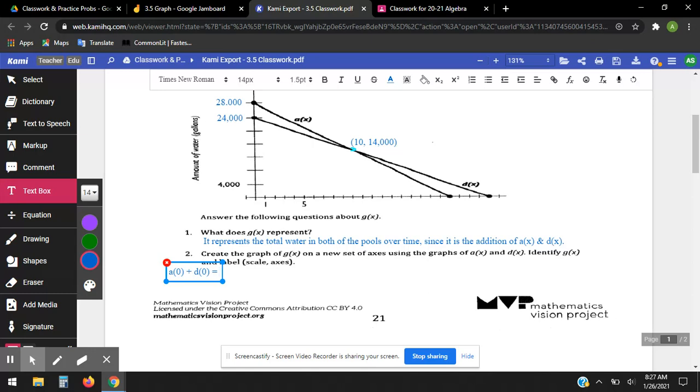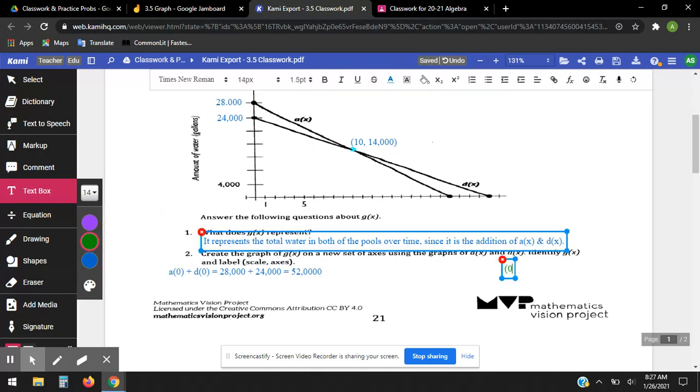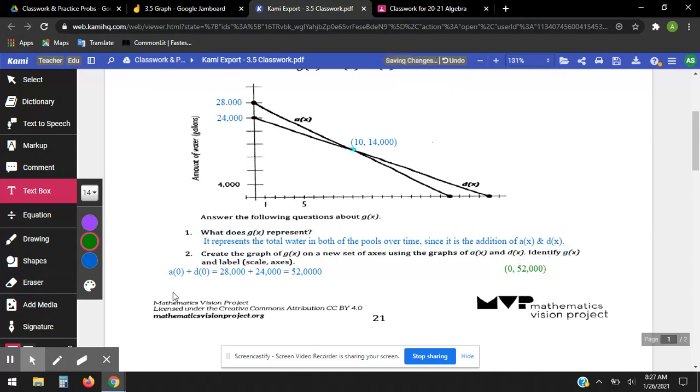A of 0 is 28,000, added to D of 0, which is 24,000, gives us a total of 52,000. So we know we have the coordinate. I'm going to set this over here. Let's do this one in a different color. So we have the coordinate of 0, 52,000.